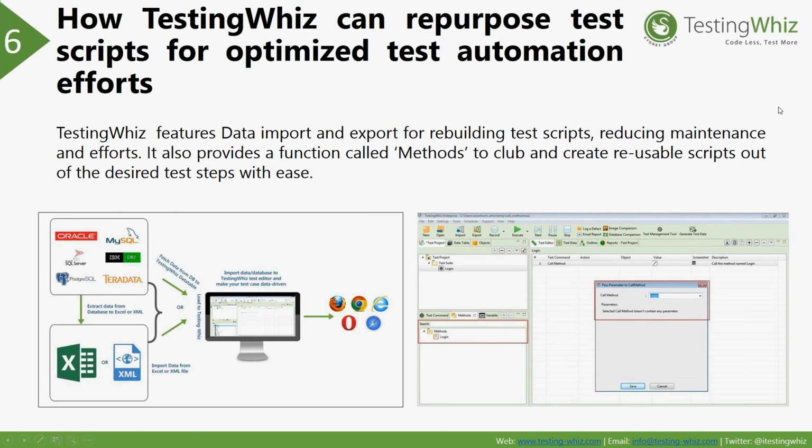So if you see here on the script, I only have a single method, but there can be more than 4 or 5 steps inside here, which I can club and reuse within my test case. The other way TestingWhiz allows you to do this is you can simply copy and paste information from one test script to another, just like I would copy information off an Excel sheet or workbook and paste it onto another one. That's also something TestingWhiz allows.